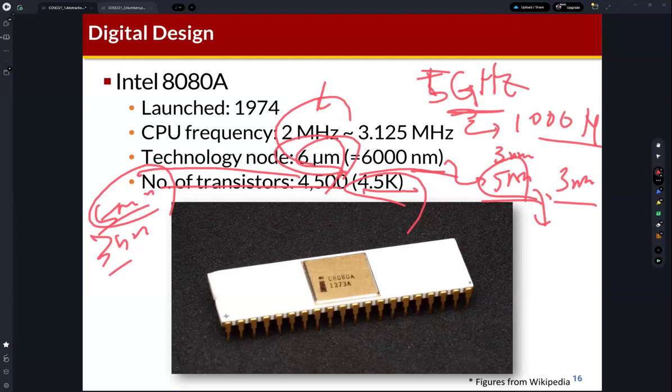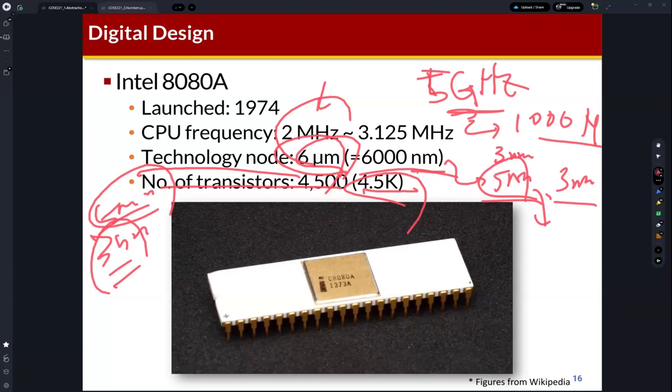Currently we are using 3 nanometer or 5 nanometer technology. Compared to this value, you can find that this number is much larger than the current number. So 3 nanometer or 5 nanometer, right?